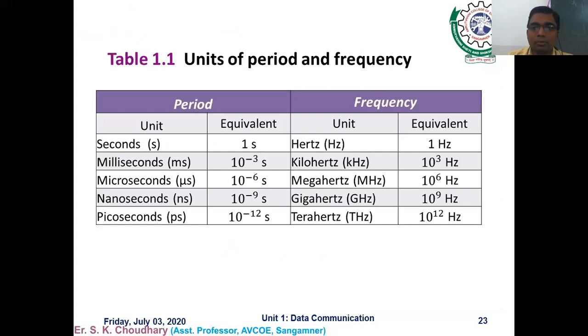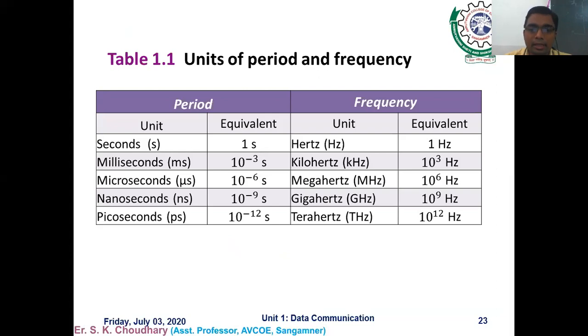Now if you proceed further, we'll look at the units of frequency and period. Basically we use seconds as the unit of time period and hertz as the unit of frequency. I have also mentioned in the table how to represent the other units of time period as well as frequency. Millisecond means 10 to the power minus 3 seconds. Microsecond means 10 to the power minus 6 seconds.